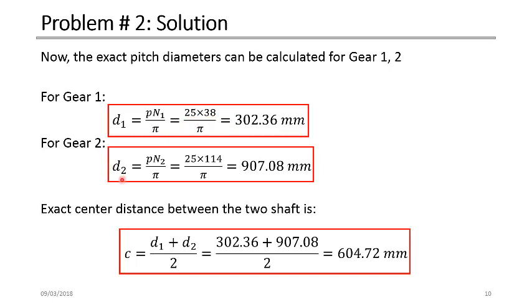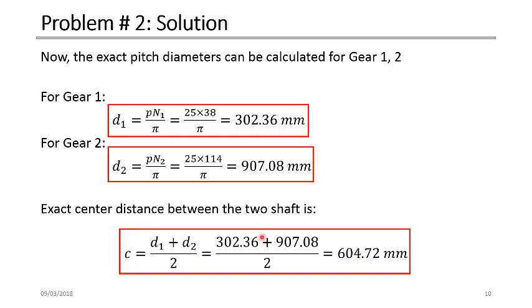So we can repeat this for gear 2, where D2 is equal to P, which is 25, multiplied by N2, which is 114, divided by pi. So in this case, we are getting 907.08 millimeters for the diameter. Now these are the exact diameters. Based on the exact diameters, we can find the exact center distance.